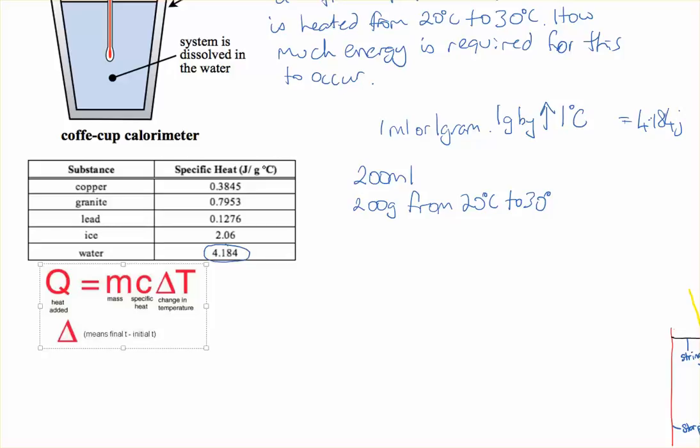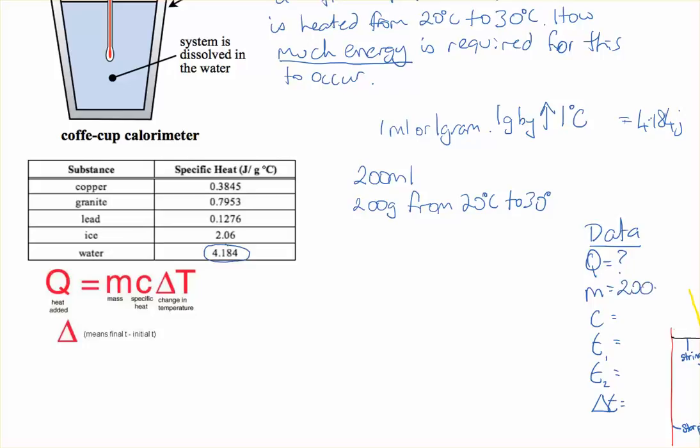And like normal, we're going to write down our data, just like we've done before. We've got Q equals, M equals, C equals, and we'll put T1, T2, and then change in temperature. The Q is what we're trying to measure, the amount of energy. So it says up here how much energy is required. M is your mass, and in this case it's 200 mils or 200 grams.